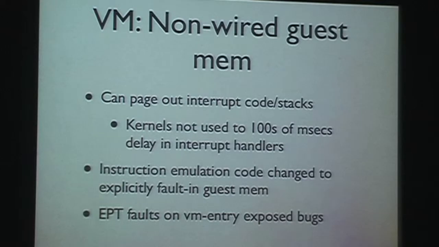Because we're touching a lot of memory, we were able to assume previously to this work that memory was all wired. But now it's possible that some of those paging structures might be paged out. So what we had to do was put in a lot of calls to explicitly fault pages before we access them. That also meant the context that we ran this code in had to be changed so it was in a sleepable context.